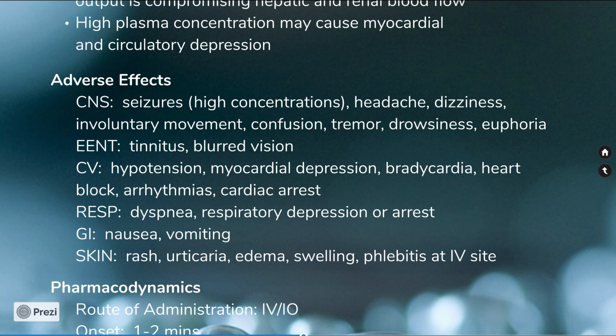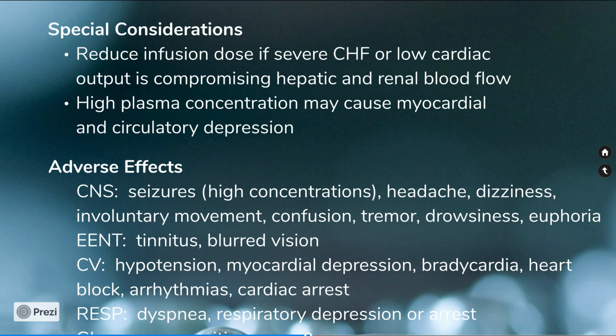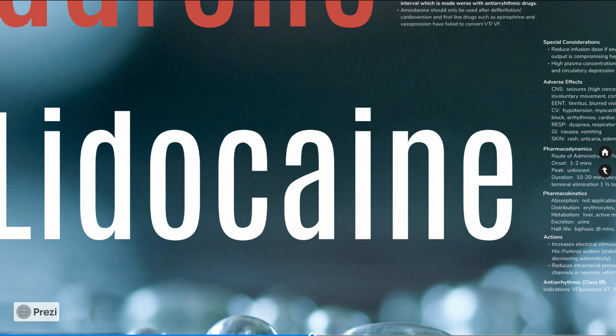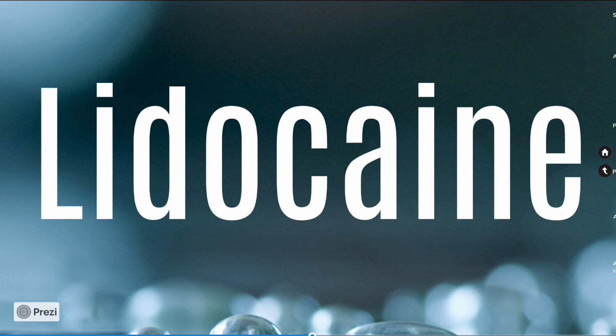Okay, it can cause seizures in high concentrations, and as I said, high plasma concentration may cause myocardial and circulatory depression because it is an anesthetic. So that's the details for lidocaine.